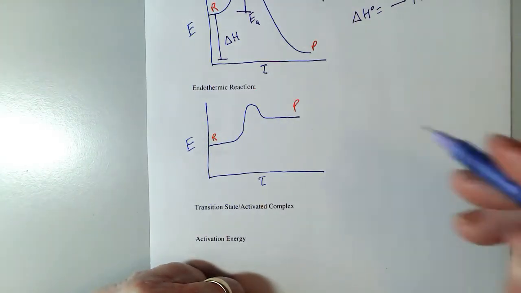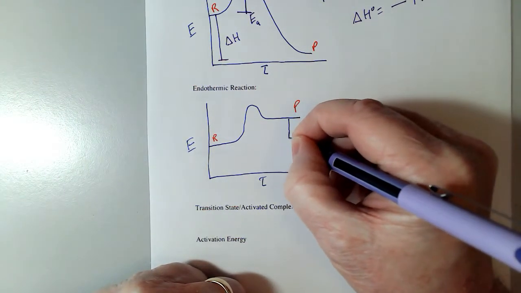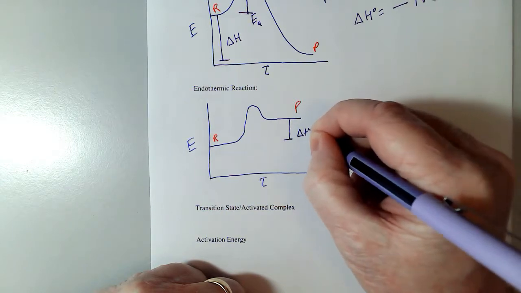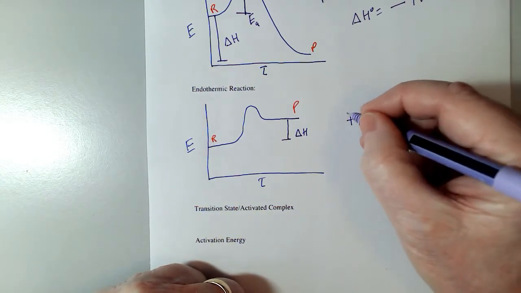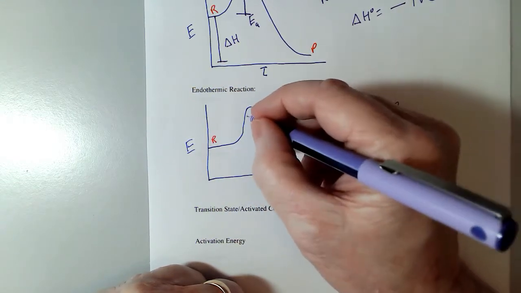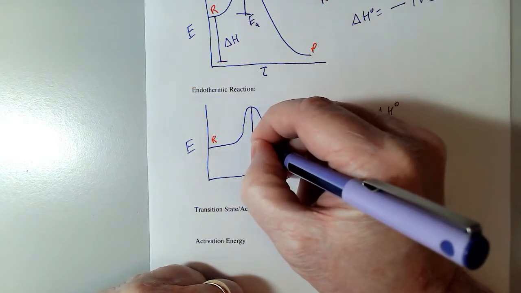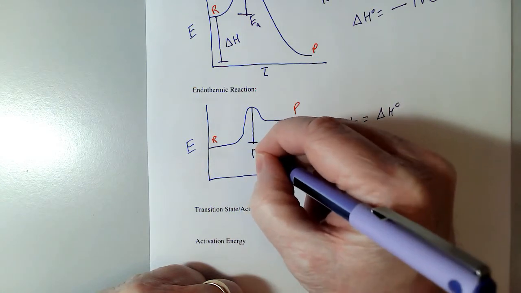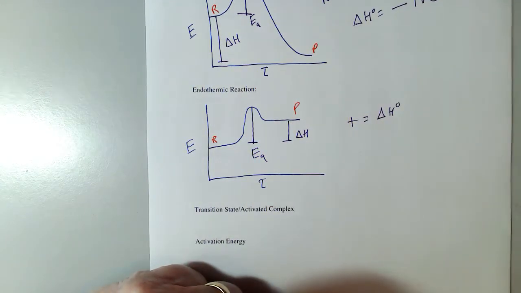The difference between the reactants and the products is still delta H. It's positive this time. And the difference from the reactants and the top of the energy barrier is still the activation energy.